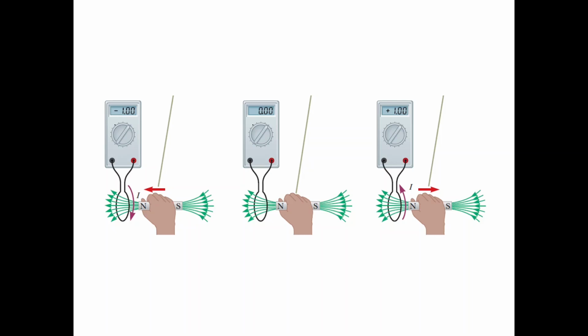The polarity of the induced electromotive force and the direction of the induced current will follow Lenz's law, which tells us that the induced electromotive force and induced current will always oppose the reason which causes this induction. So, for instance, here, when we place this magnet closer to the loop, the magnetic field flux increases.